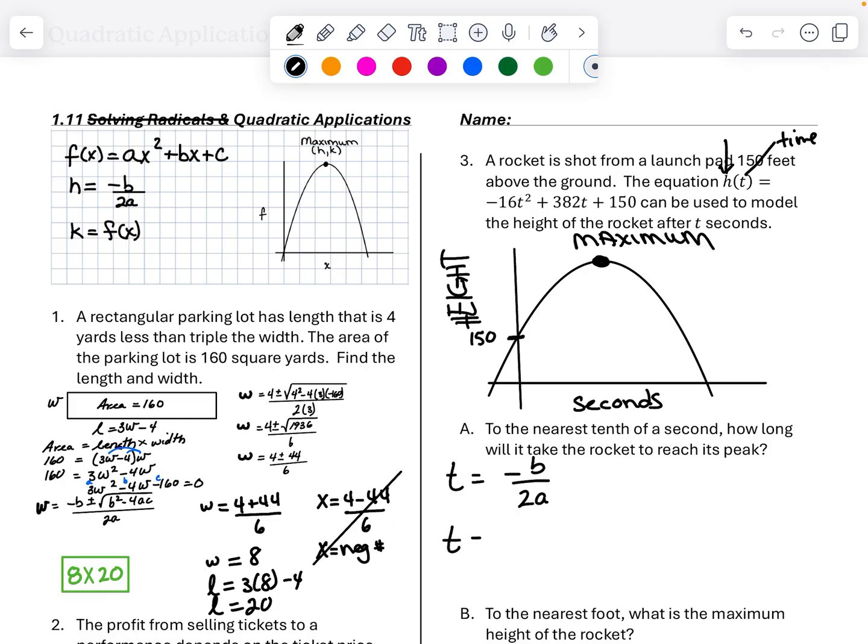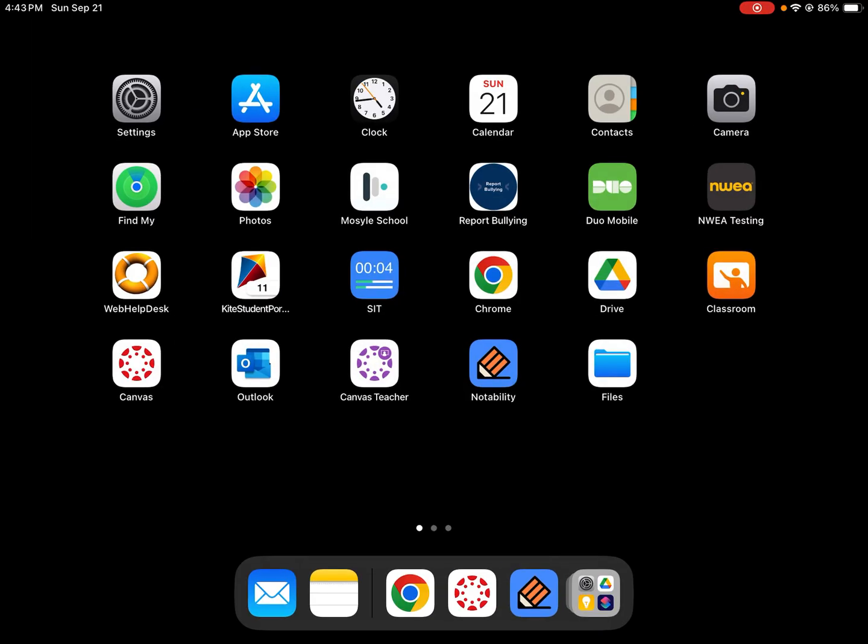So time is equal to the opposite of, remember these are in alphabetical order, a, b, c, so the opposite of 382 divided by twice negative 16. 382 divided by 32.